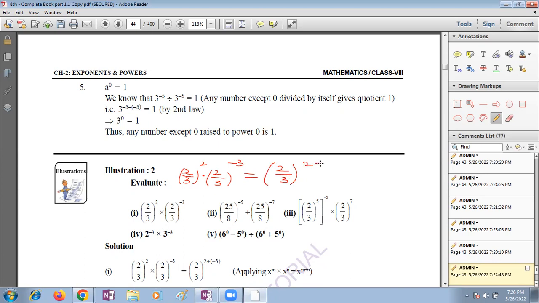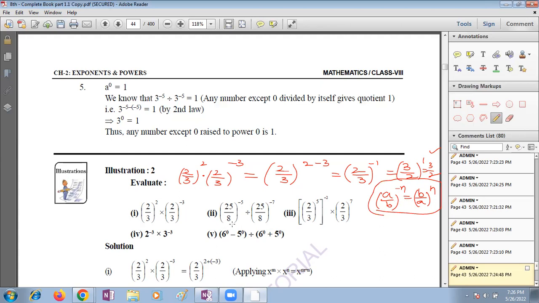So 2 by 3 whole to the power minus 1. Just before I said a by b whole power minus n can be written as b by a whole power positive n. So how are you supposed to write it, children? This is 3 by 2 power 1, and 3 by 2 power 1 is only 3 by 2. This is a very important law of exponents.